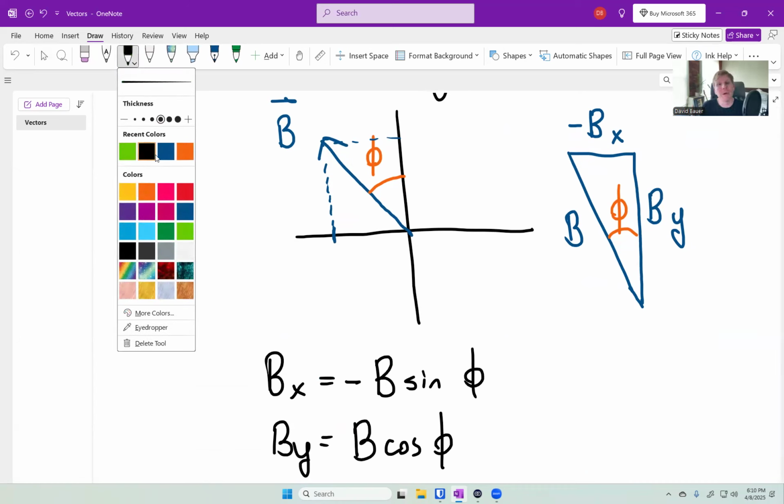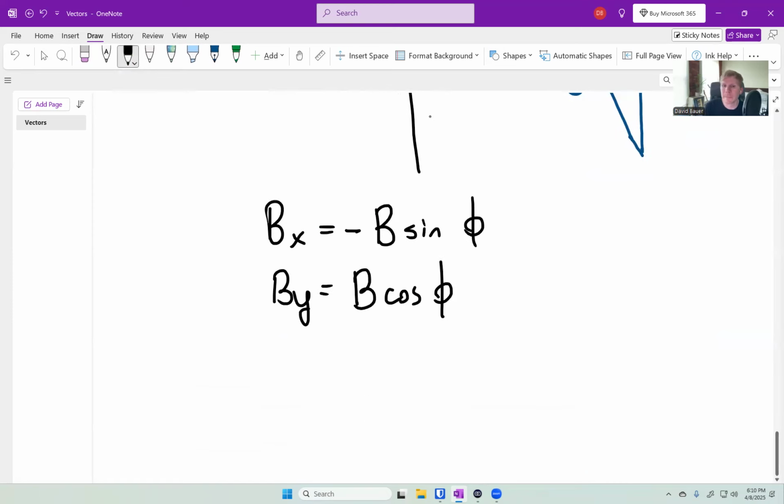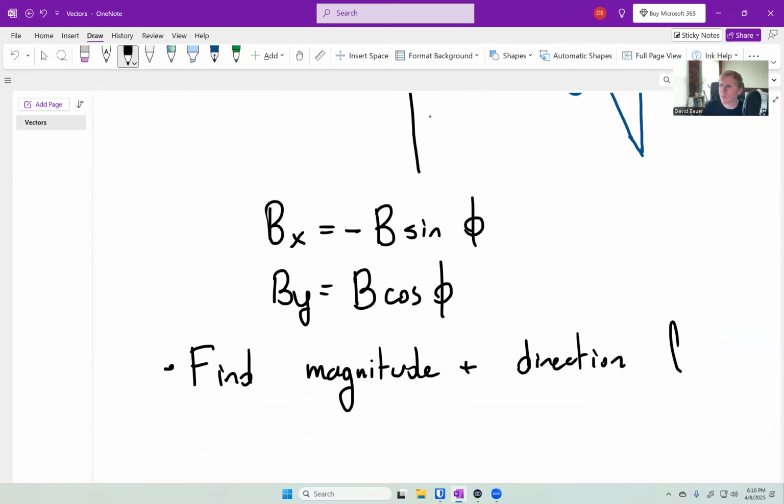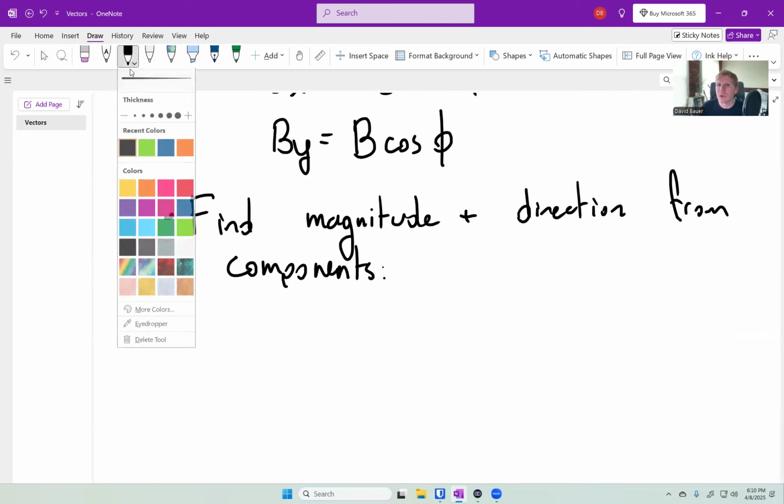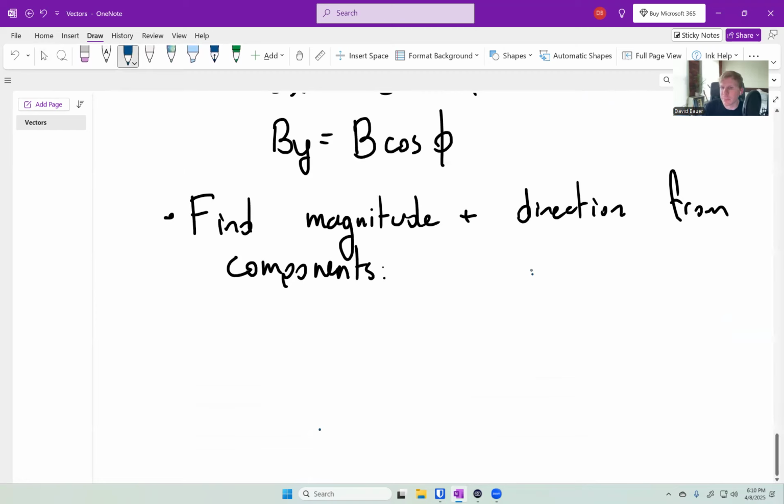All right, another thing we might want to do is get the magnitude of the vector from the components and also get the direction of the vector from the components. And again, we can use trigonometry for this. Let's just look at our vector A, for example.